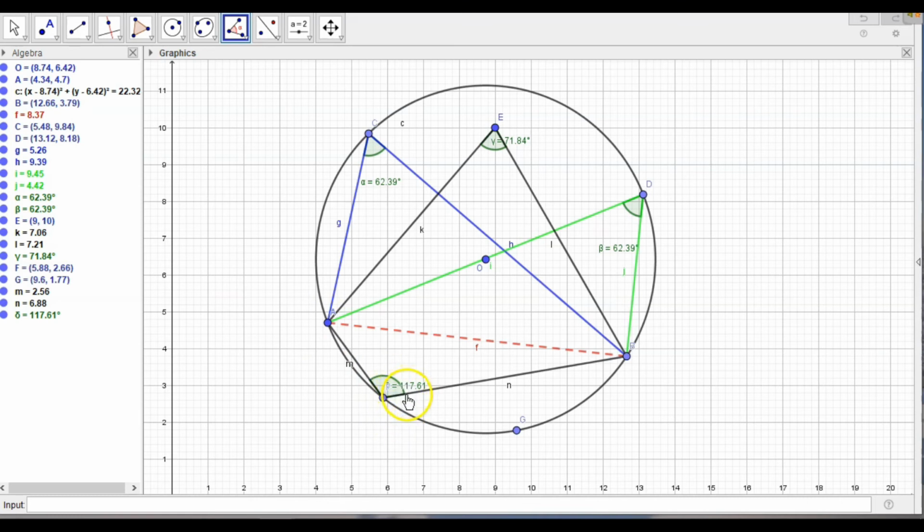You are getting 117.61 degrees. It is not the same as angle alpha nor angle beta.